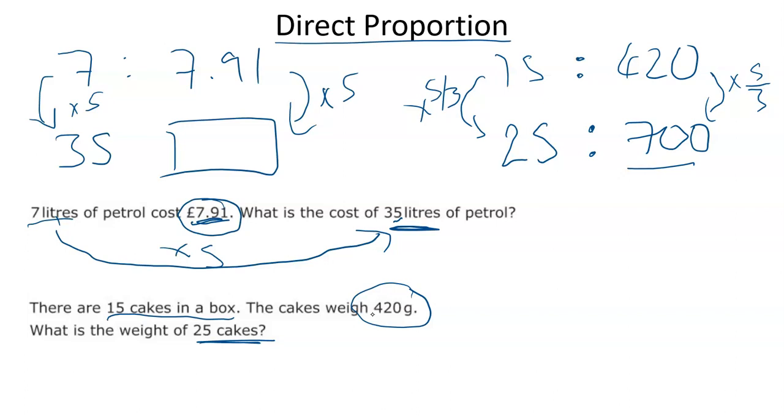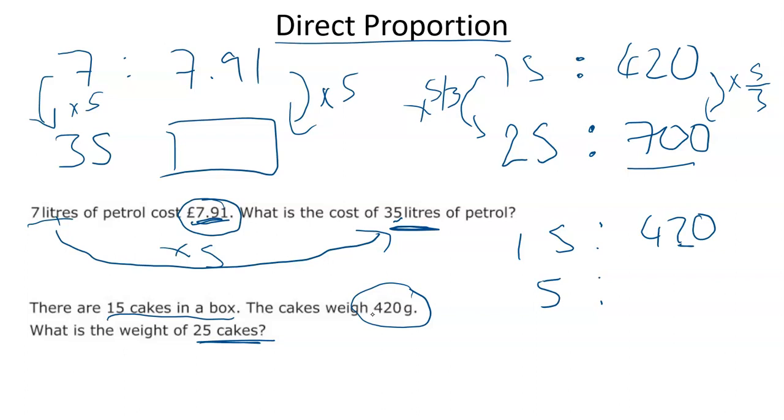This is called the Unitary Method, which says, well, 15 cakes weighs 420 grams. What does 1 cake weigh? So you divide both sides by 15, you bring it down to 1. In this case, you don't have to bring it down to 1, you could bring it down to 5, because 5 goes into 15, but also goes into 25. So you could bring it down to 5, which is a bit easier.